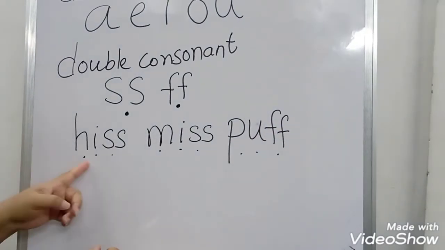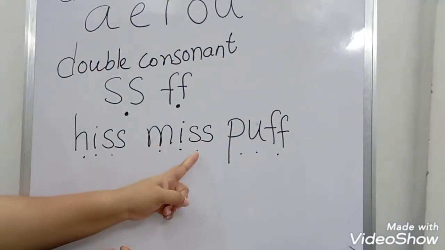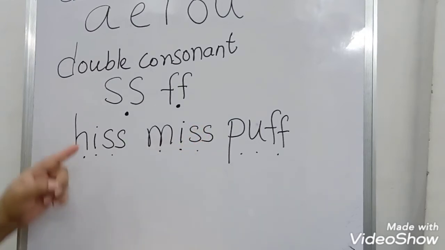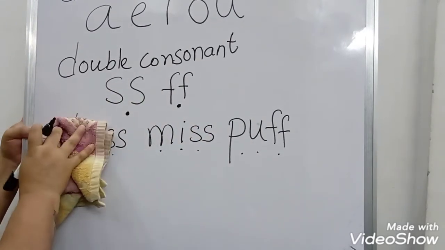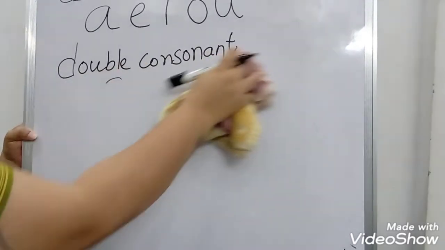My dot will indicate that these two letters will make the sound only once. That's why I'm placing a dot here. The dot indicates how many sounds we have in the particular word.